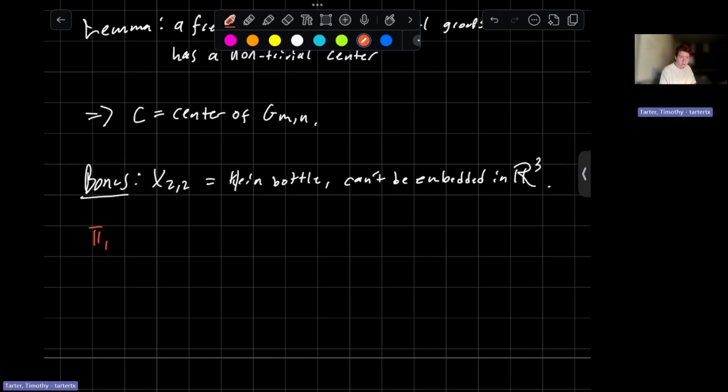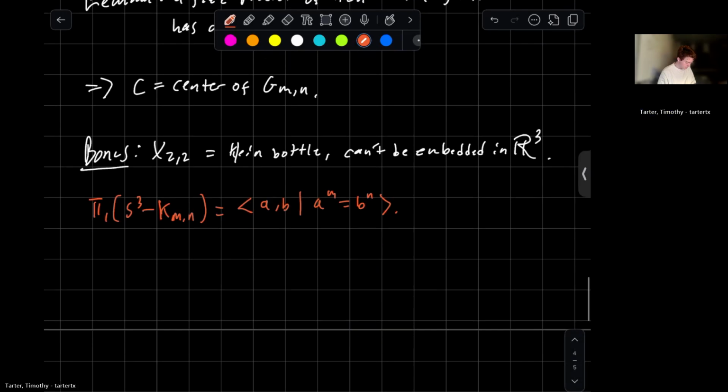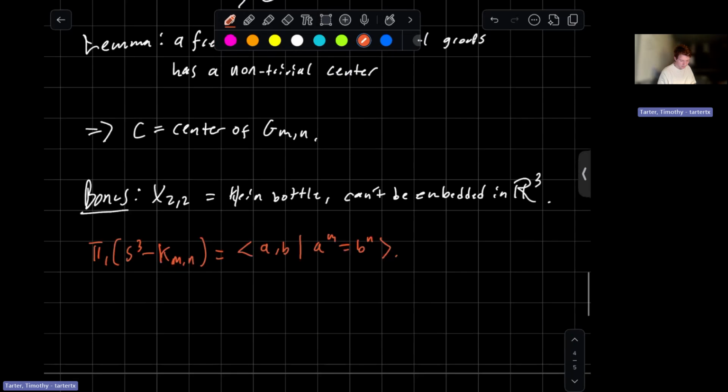Pi 1 of S3 minus KMN is equal to, or I guess the way we did it was, A and B such that A to the M is equal to B to the N. And that was not clear from the text.